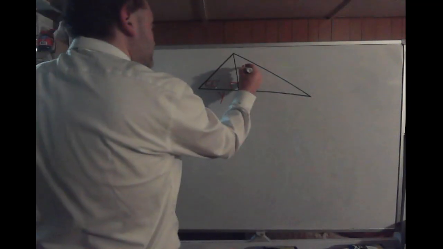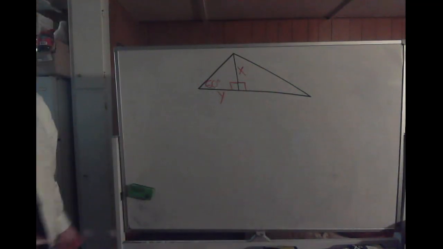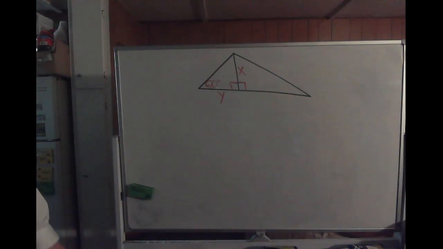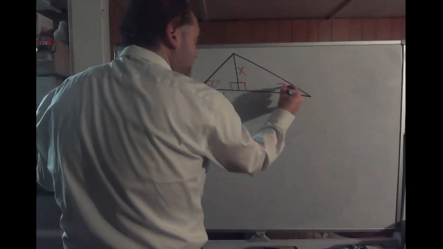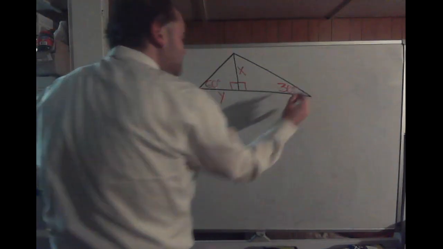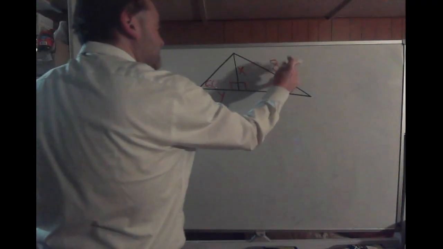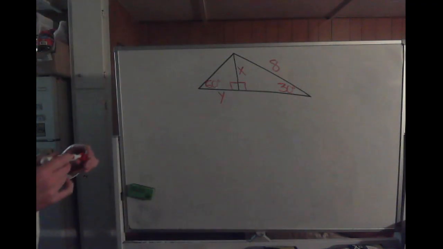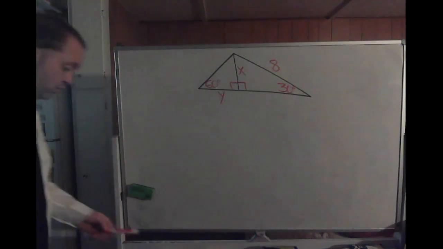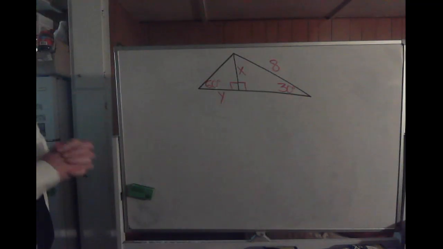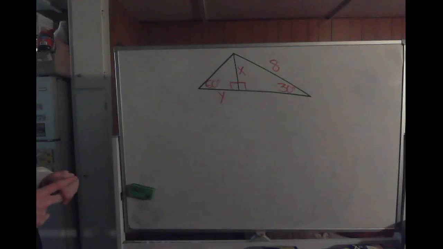This here is the length of x. This angle here is 30 degrees. And then this here has a length of 8. So we actually could start here now. We want to ultimately find the values of x and y.